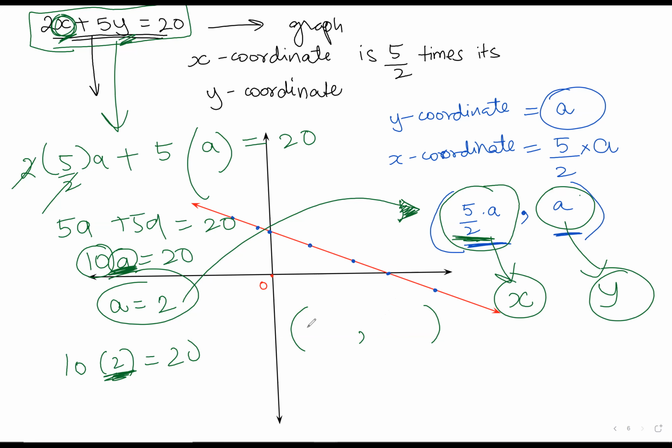And what is 5 by 2 into 2? 5. Yes, 5. So the x coordinate is 5, and the y coordinate is 2. Very good. So the answer for this question is 5 comma 2. The point that we were looking for is 5 comma 2.